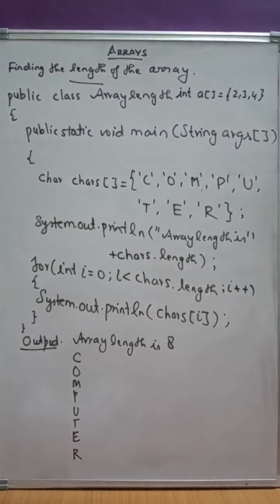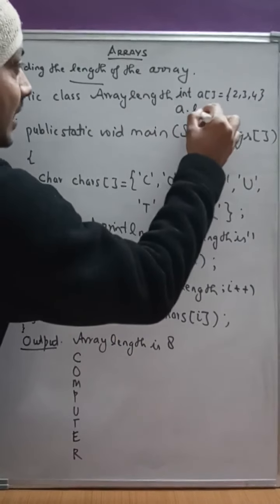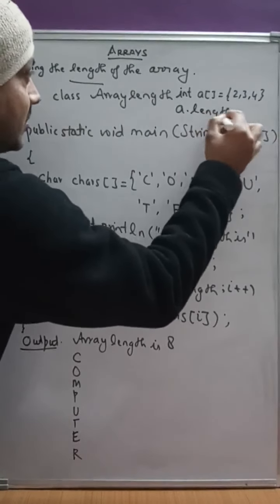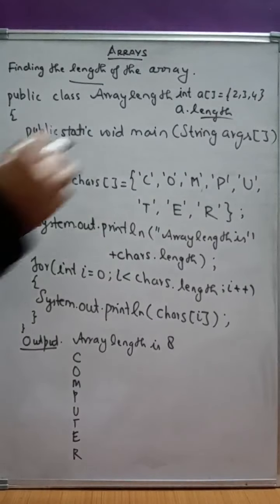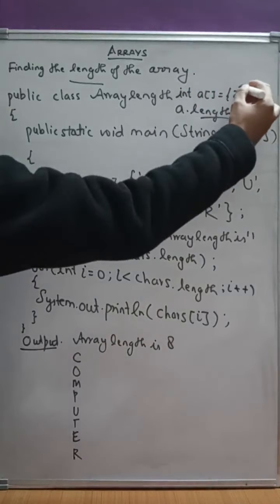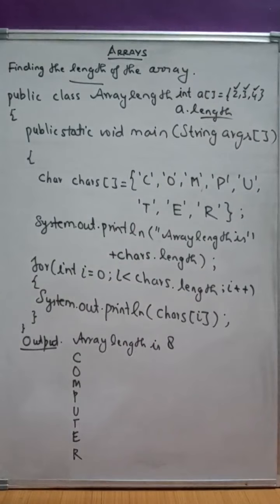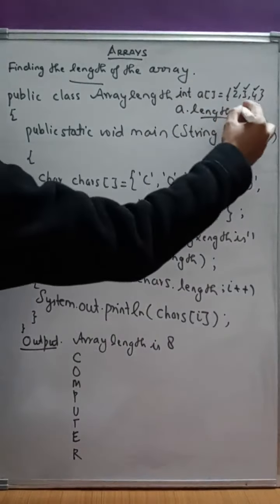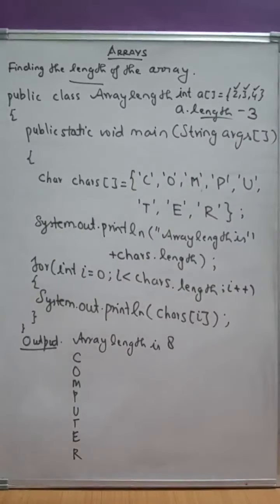When we have to find the length of the array, you simply write the statement a.length. So a.length will count the number of elements in this array. How many elements are there? 1, 2 and 3. So if you write a.length, the return value will be 3.